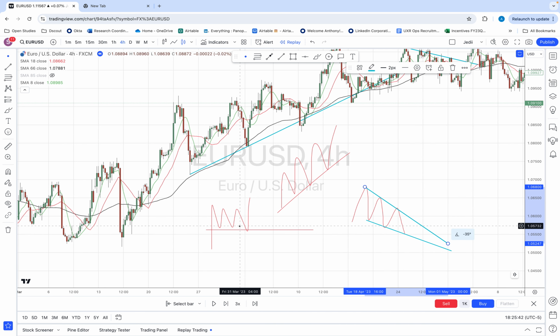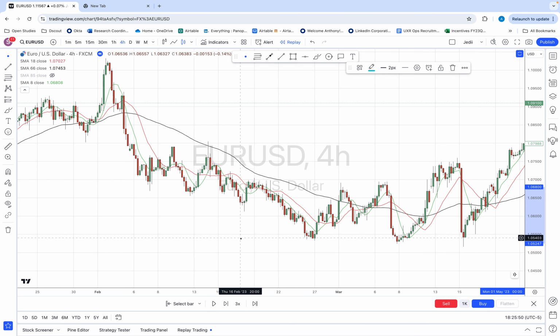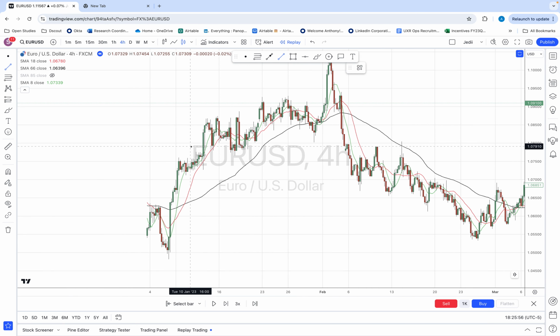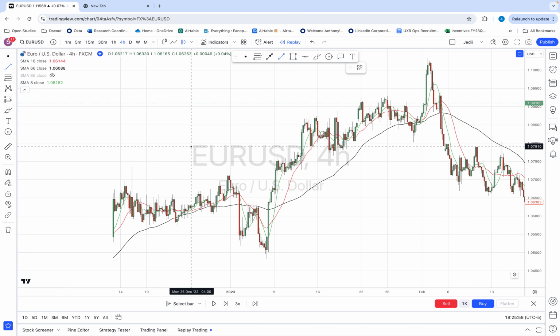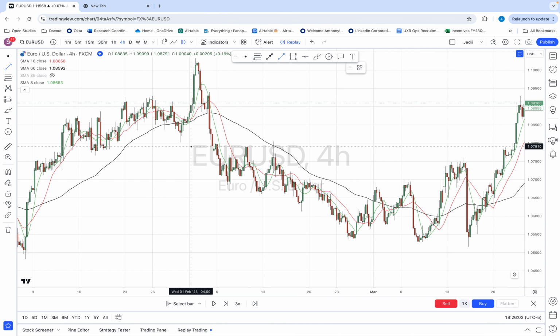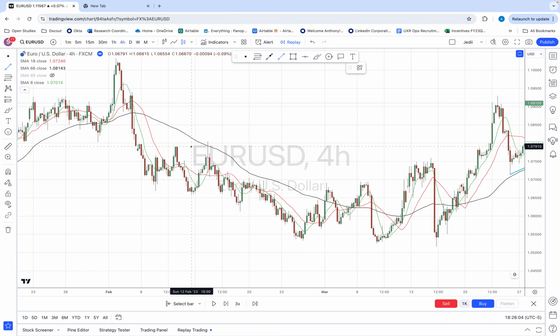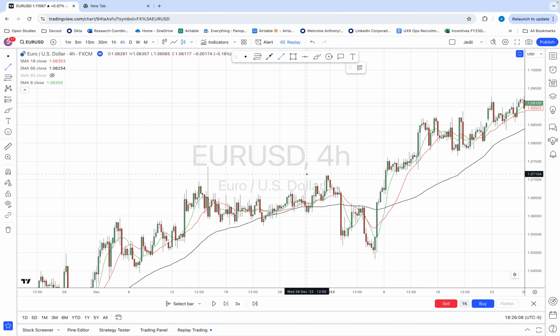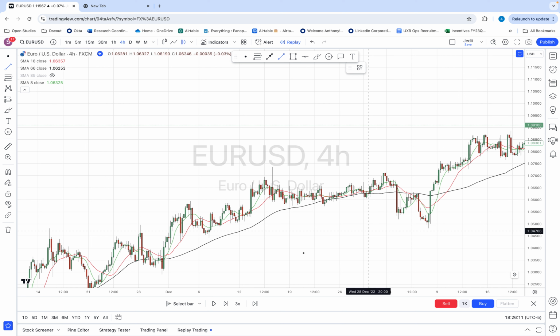I'll find one more, see if we can get a pretty decent one. And get into this more, but the Euro market's a pretty sloppy market, to be honest. Even right here, you can go here and just catch those.